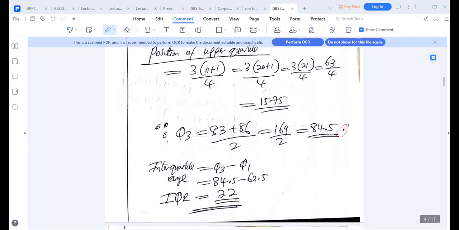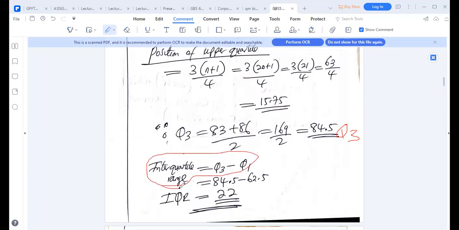This is Q3. So the interquartile range is 22, which is 84.5 minus 62.5.